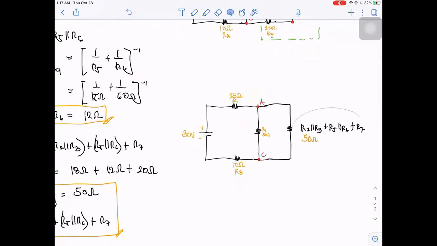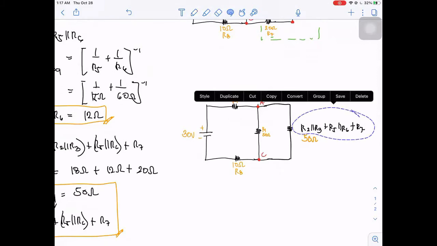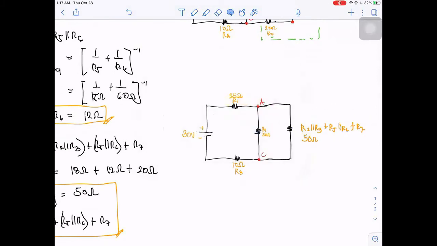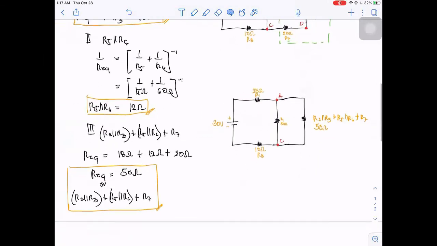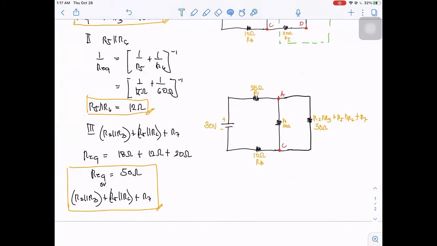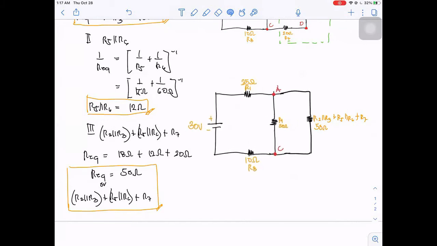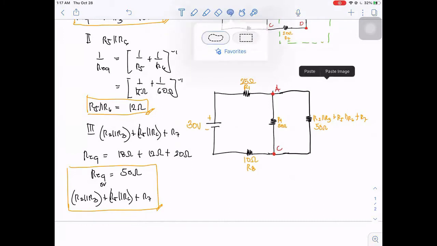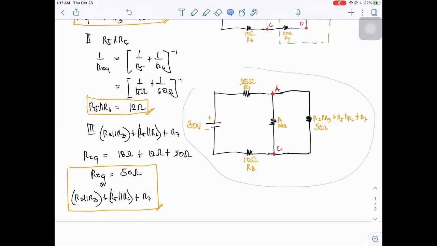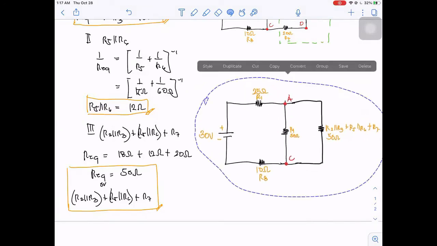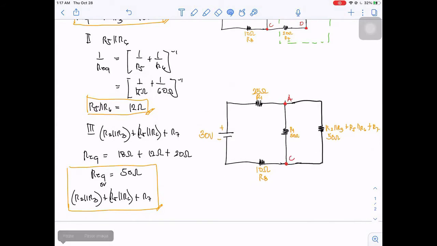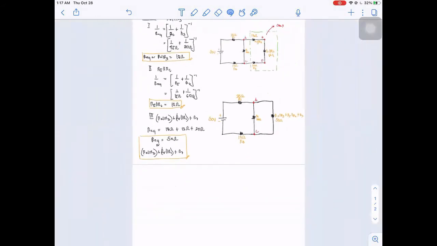Let's adjust the font so that we can see it clearly. So this is now our equivalent circuit after solving case number 3.